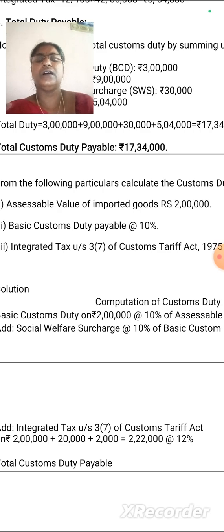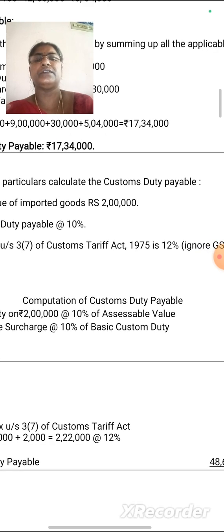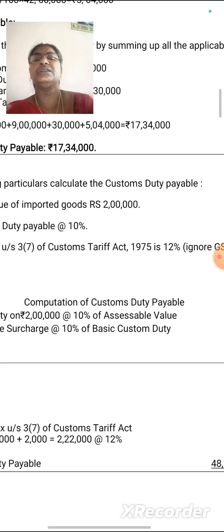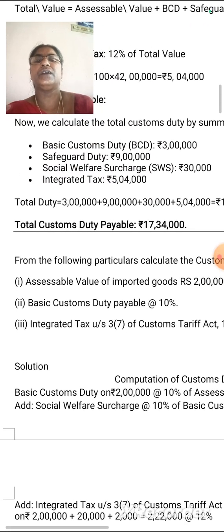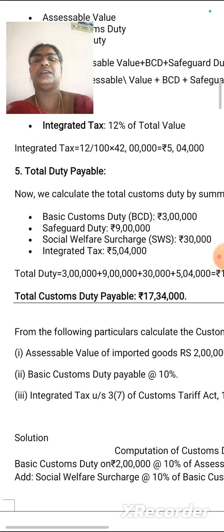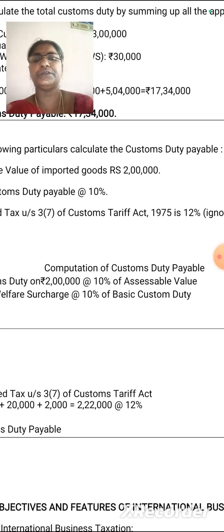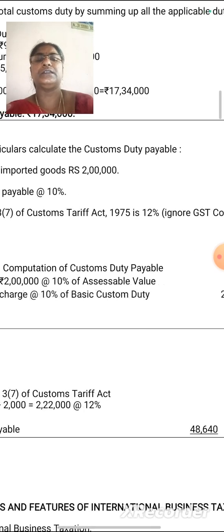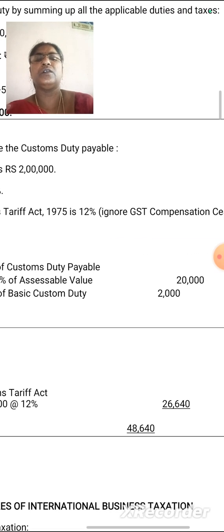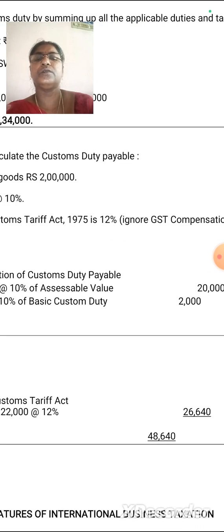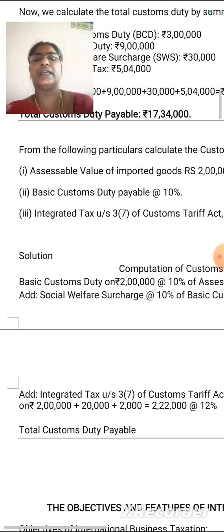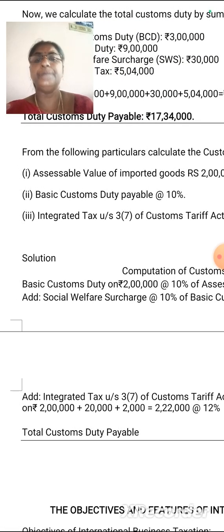Under the Customs Tariff Act 1975 it is 12 percent. In the last sum we calculated integrated tax at 12 percent, and here also we calculate 12 percent. Ignore GST compensation cess, so without compensation cess we calculate the integrated tax.